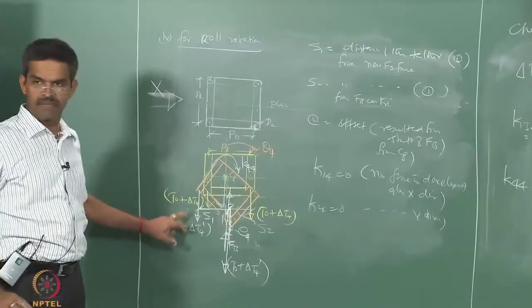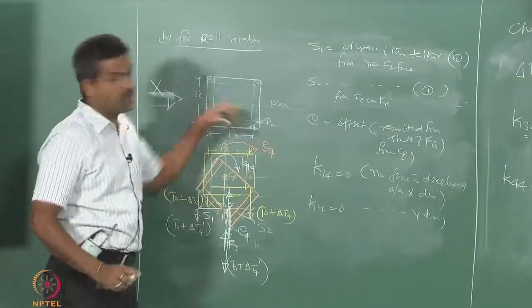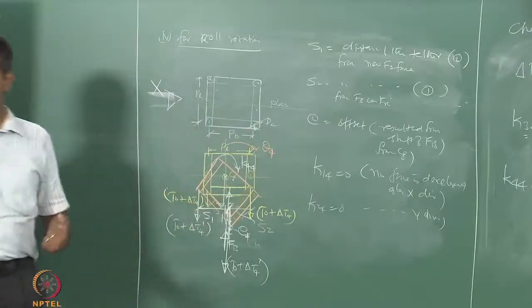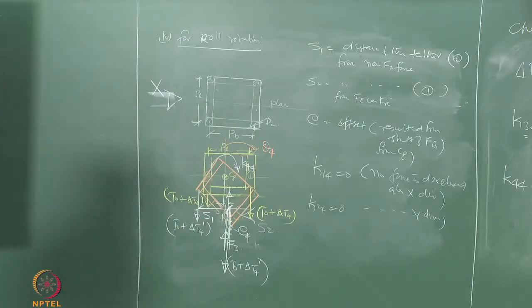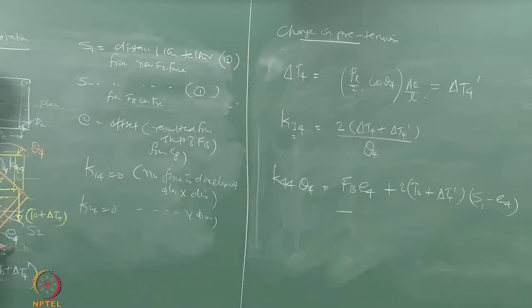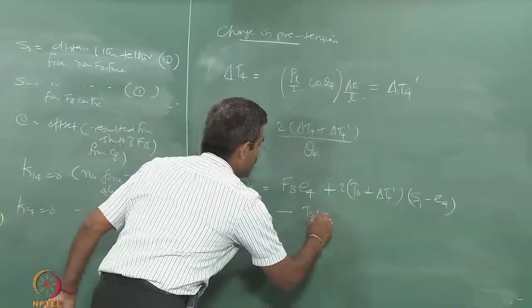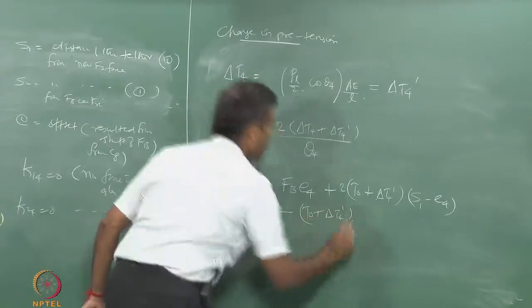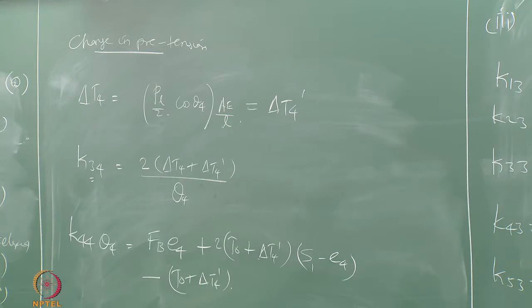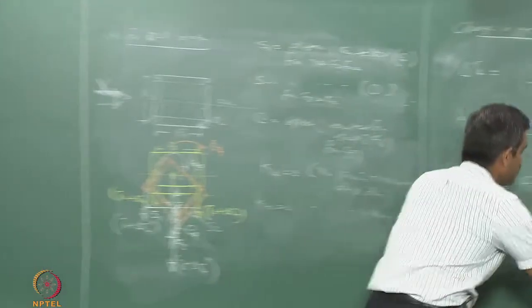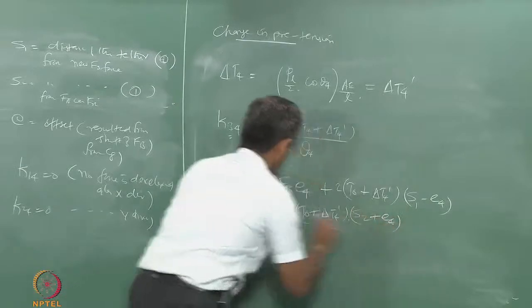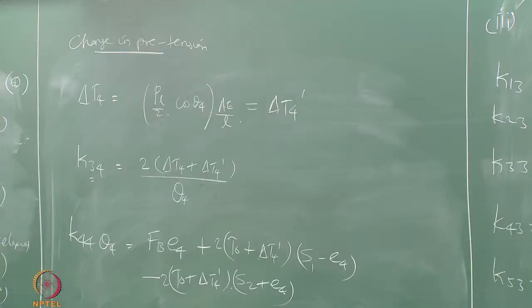I am talking about this leg, which is counteractive to K44 like Fb, minus. Now I am talking about this leg, this one. So I should say T0 plus delta T4 prime of S2 plus E4 of twice. I will get K44 now.